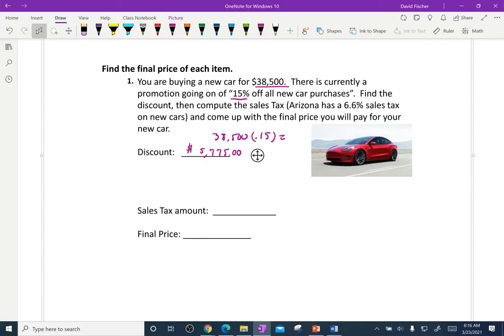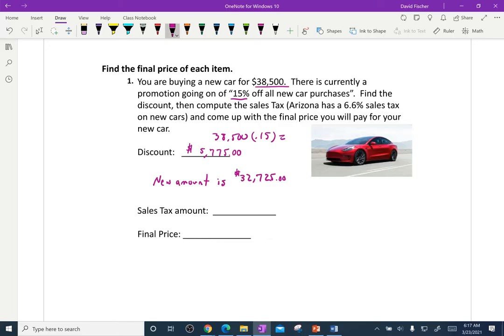And now the new amount of the car, what I really want to pay, is $32,725. So that's a nice discount, almost $6,000, because I bought my car during the sale.